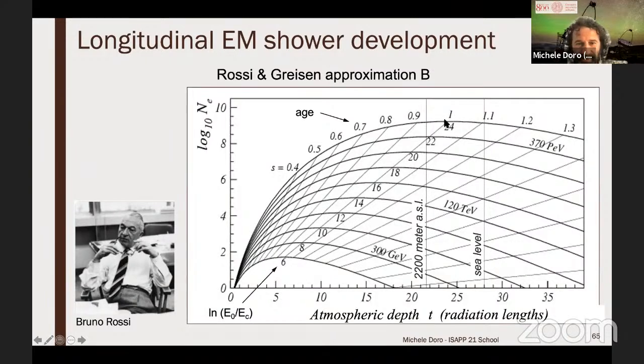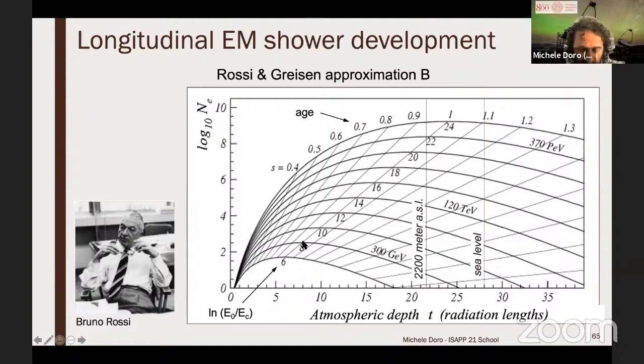Now let's move in this direction: the larger the energy, the larger the number of particles, that's expected. But also the larger the energy, the deeper into the atmosphere the maximum is generated.